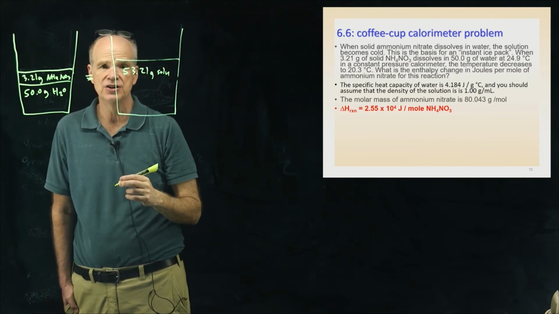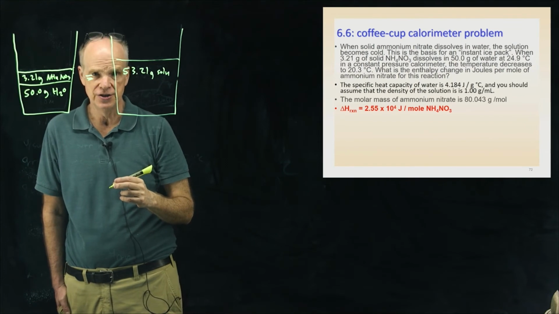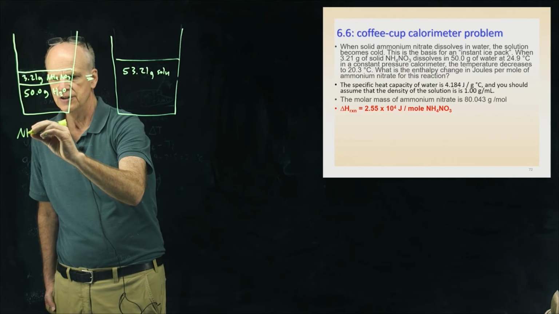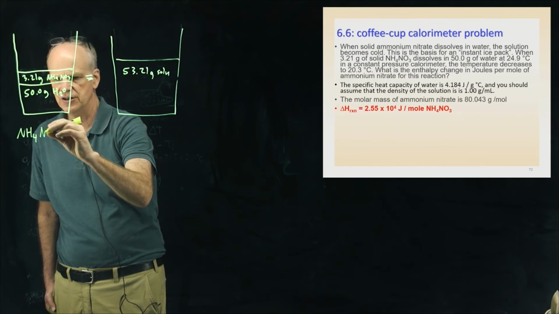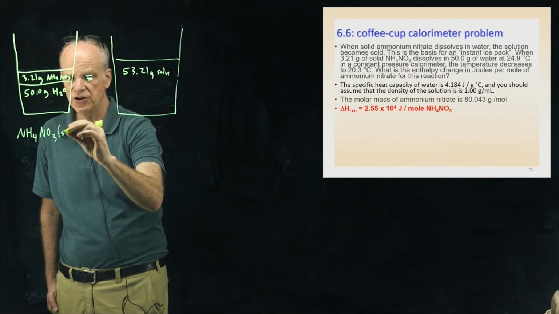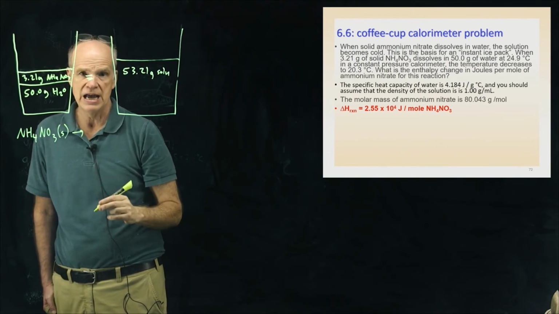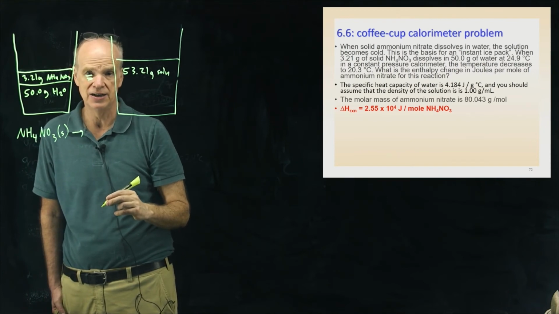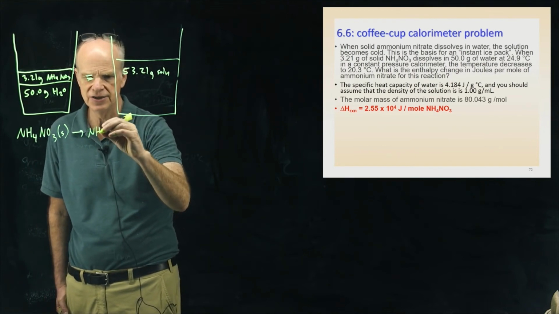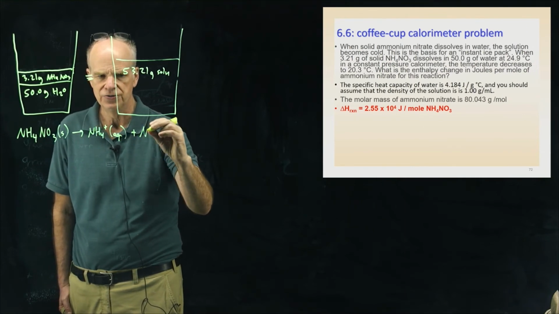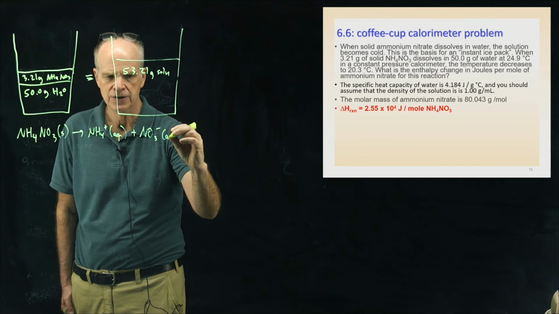Now, what is the chemical reaction that is going on? The chemical reaction is going to be the dissociation of ammonium nitrate into water. So let me write this out so we can see it a little bit more carefully. So here is ammonium nitrate. It's going to be in the solid state. And then when we add to water, it will dissociate to produce ammonium and nitrate ions into the water. So this is going to be NH4 plus and NO3 minus.